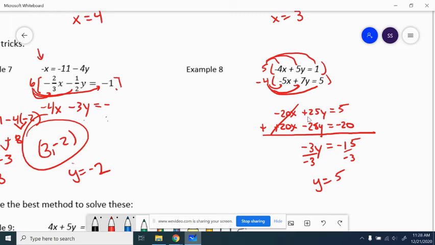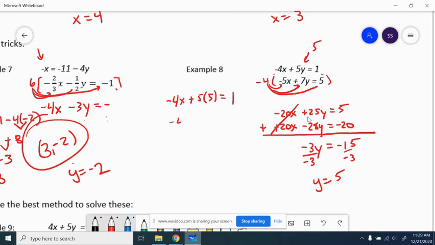All right, last step, I just need to take one of these equations. I think I'll do the top one and plug in my 5 for y. So negative 4x plus 5 times 5 is equal to 1.